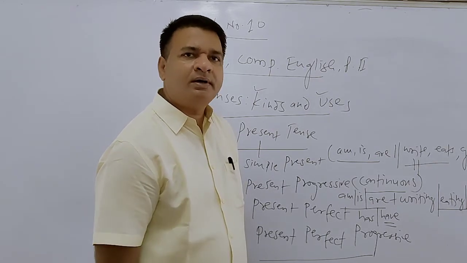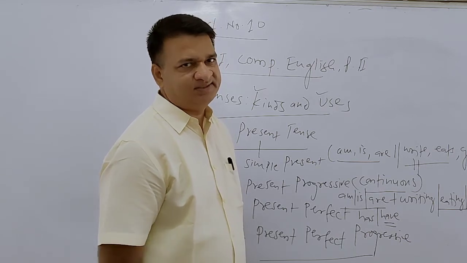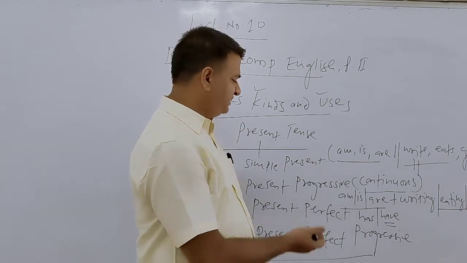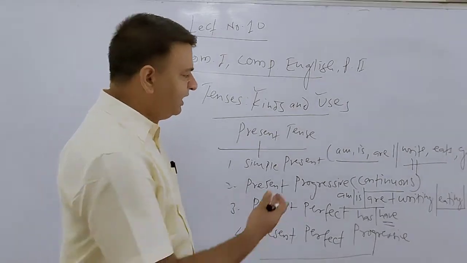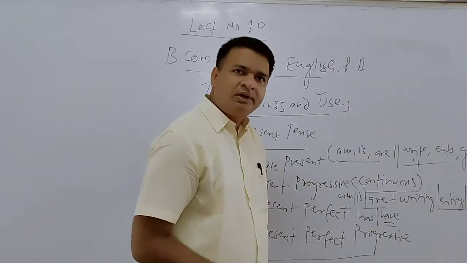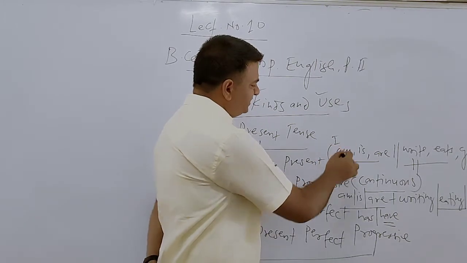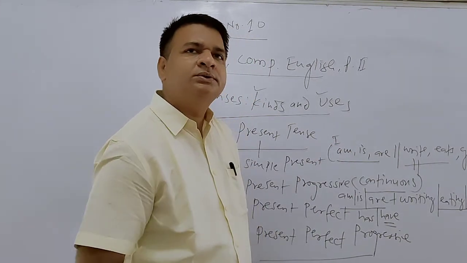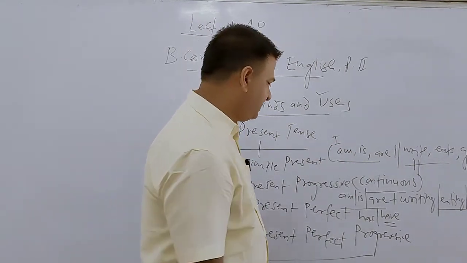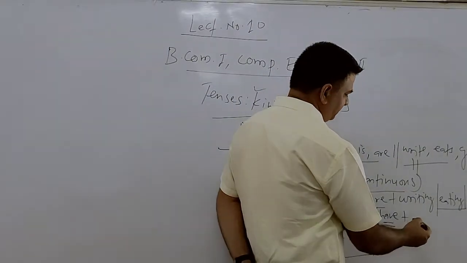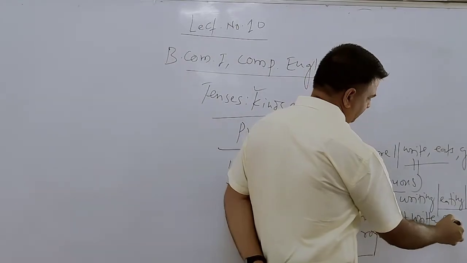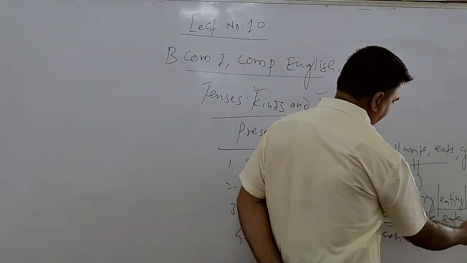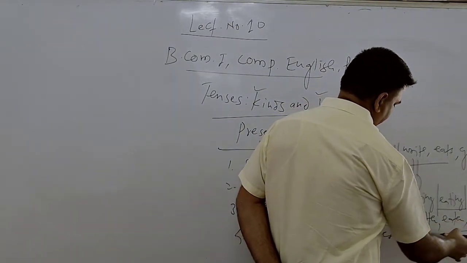Then Ram is, Sita is. The same way Ram has, Sita has, and have is for only I, first person. Then have for plural cases. We use has and have plus the third form of the verb, means written, eaten and gone.